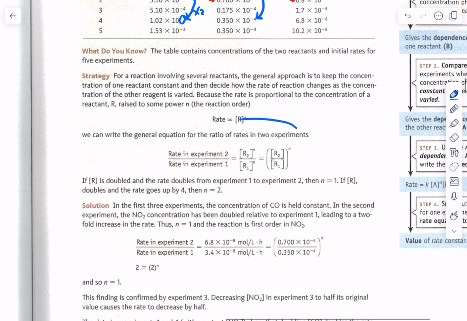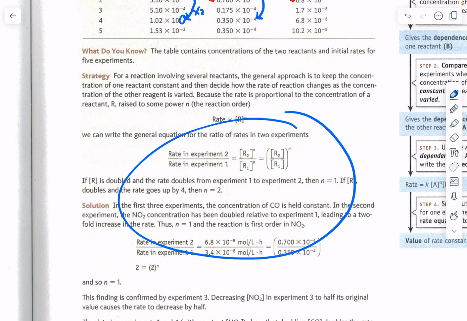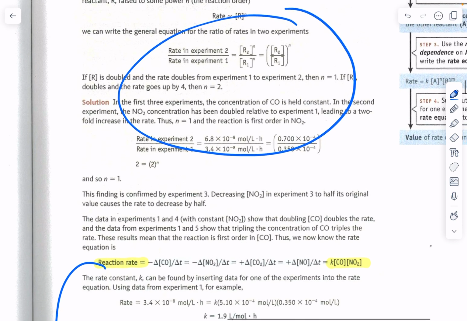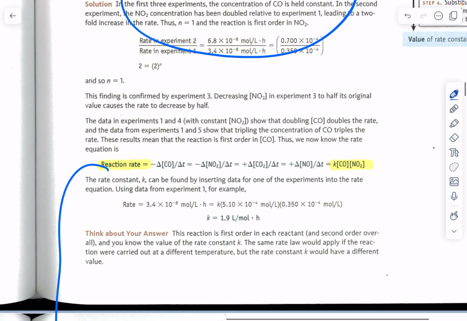So again, it's first order with respect to carbon monoxide as well. Now, all of this right here, in my mind, is a little bit too much work to get the result that I just did. And that it's first order with respect to both molarities of carbon monoxide and nitrogen dioxide.